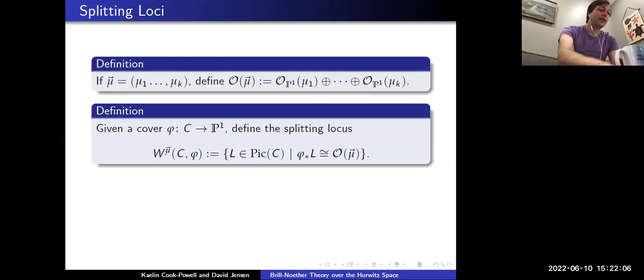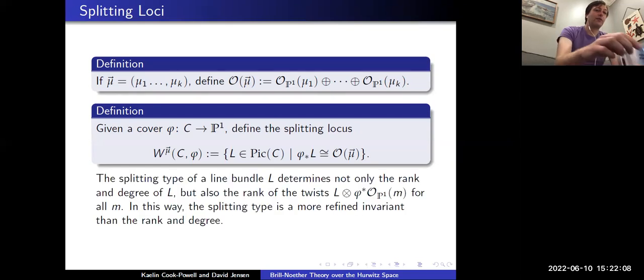What I want to encourage you to think is that these splitting loci are sort of the natural analogs of Brill-Noether loci in this setting where the curve comes with a map to P1.